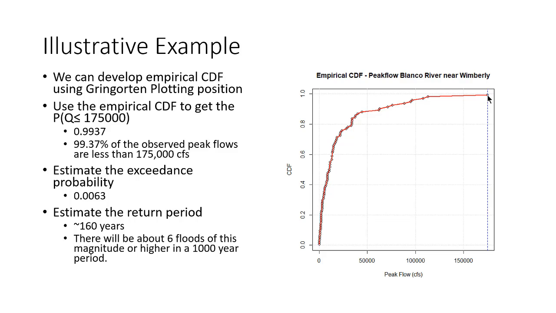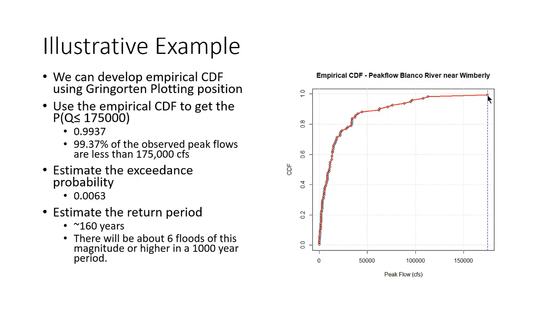So the maximum in your sample. If I were to just look at my sample, I would conclude that 100% of the time, my flows would be less than or equal to 175,000 because that's all I have. But I want to take my empirical cumulative distribution function and extrapolate to the population, accounting for the fact that, yeah, I have just observed 175,000 as my maximum flow, but it's possible that I can see a flow bigger than that.